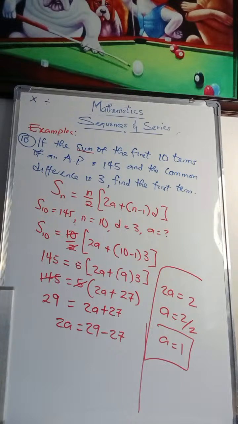It means the first term of that sequence is 1, while the common difference is 3. So I think we have treated 10 questions on sequence and series, and this question should cover the whole concepts in sequence and series.